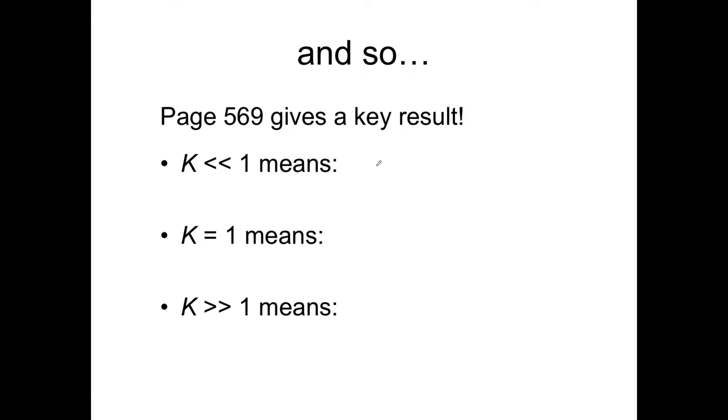Let me suppose you pause it, and this means that if K is much smaller than 1, we have a big denominator, which in turn means reactants predominate.